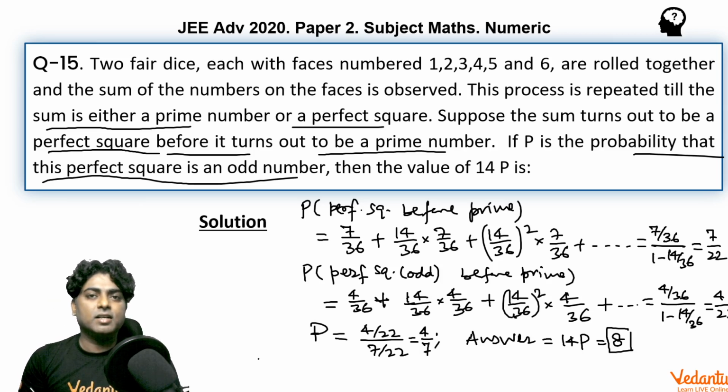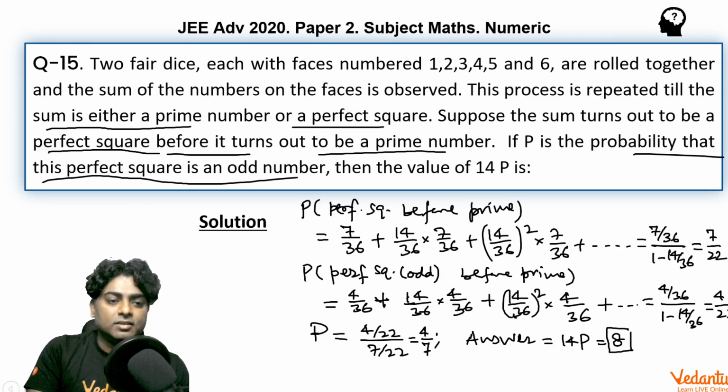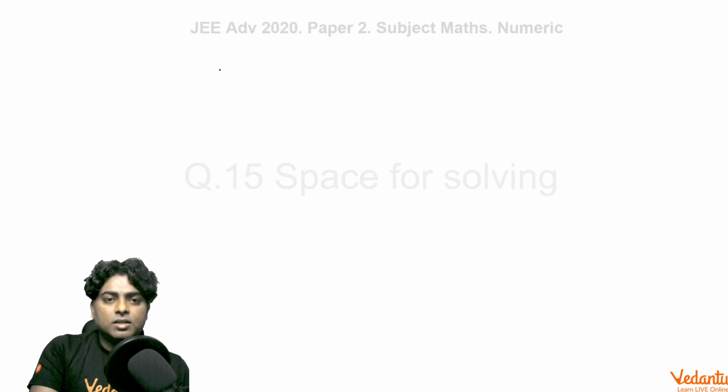The favorable cases for 9 are 4 cases, and total cases were 3 plus 4, 7. So capital P must be 4 by 7 directly. Are you getting it? Means we need actually method 2.